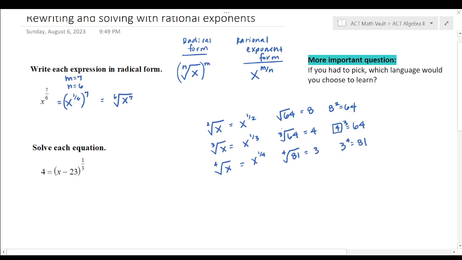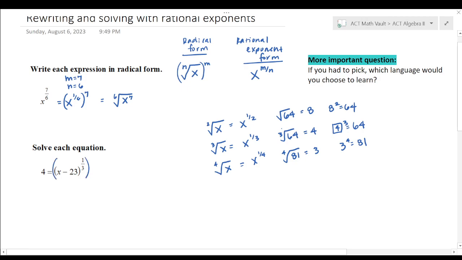And in this next question, it asks you to actually use this knowledge to solve. So on the ACT, it's very vague, and they say for the standard that you need to apply rational exponent properties to answer questions. So this one has a rational exponent, but you're actually solving this time.